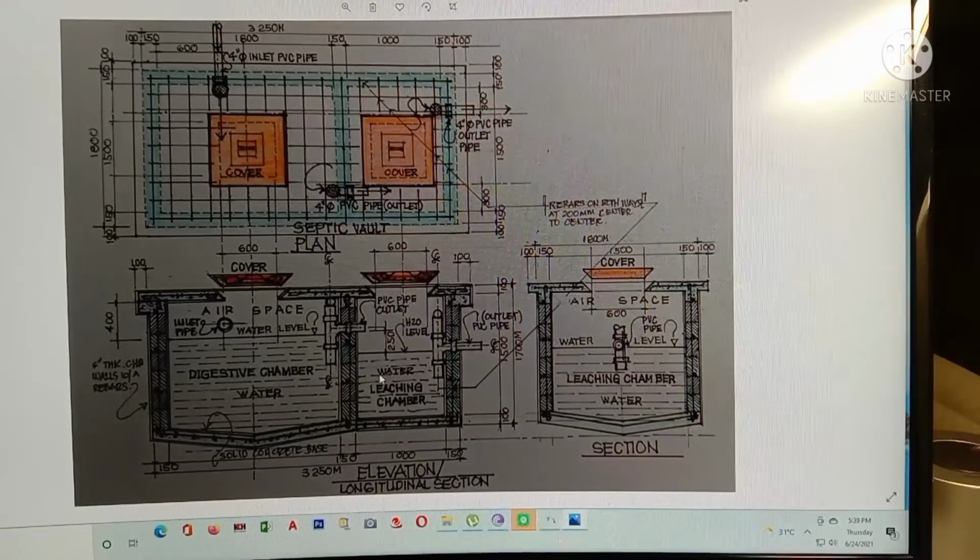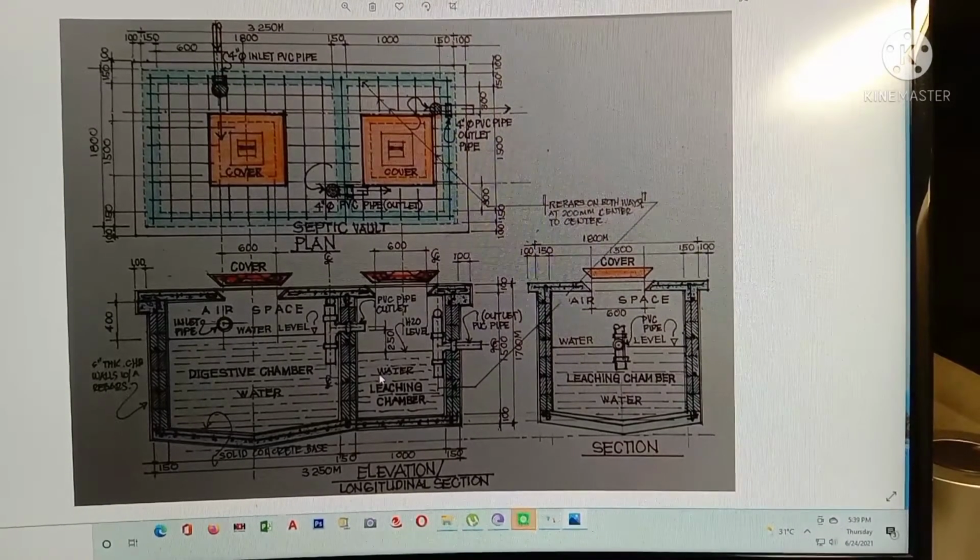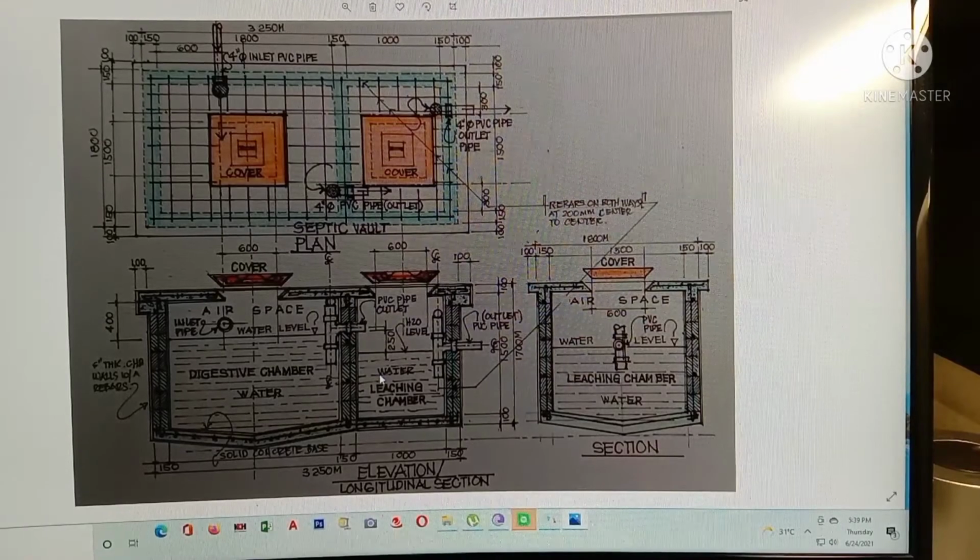Your leaching is the one that cuts the smaller particles from the digestive chamber. This leaching will also digest whatever matter is inside this chamber.